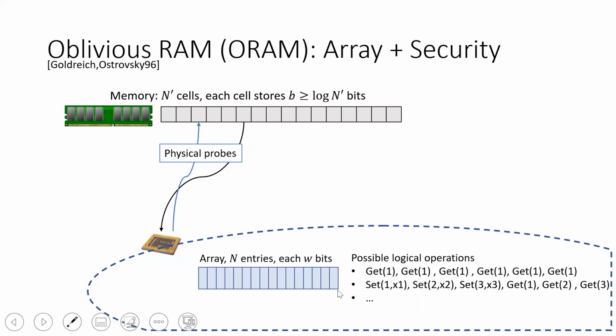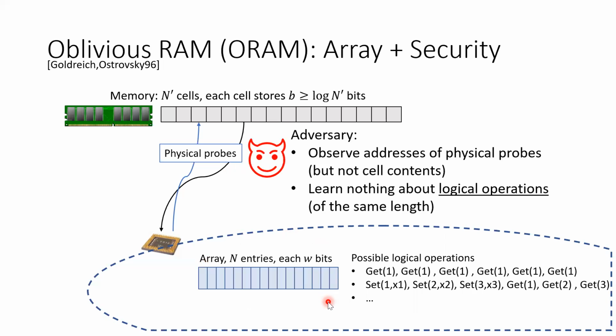It is saying we consider a logical data structure that's an array, and we want a data structure implementation or an algorithm that implements this logical data structure called array, such that the implementation allows an adversary to observe all the physical probes or physical locations of memory cells.